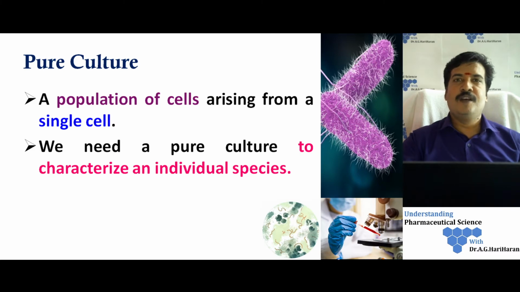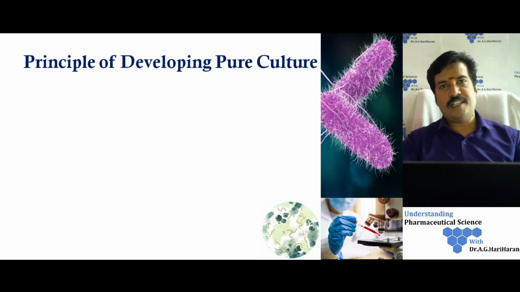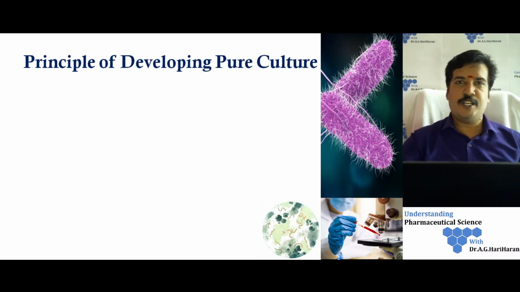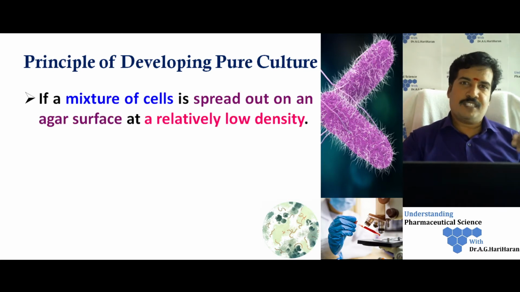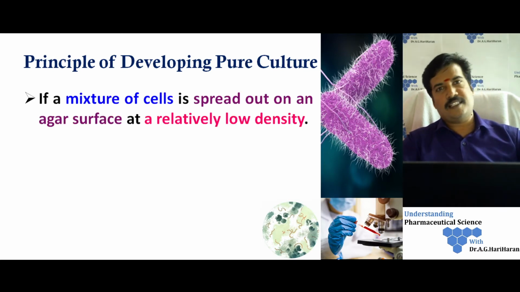To get this pure culture, the basic ideology is that first we take the mixed cell sample, then it is diluted to such an extent that the microbial population is greatly reduced to a low density.